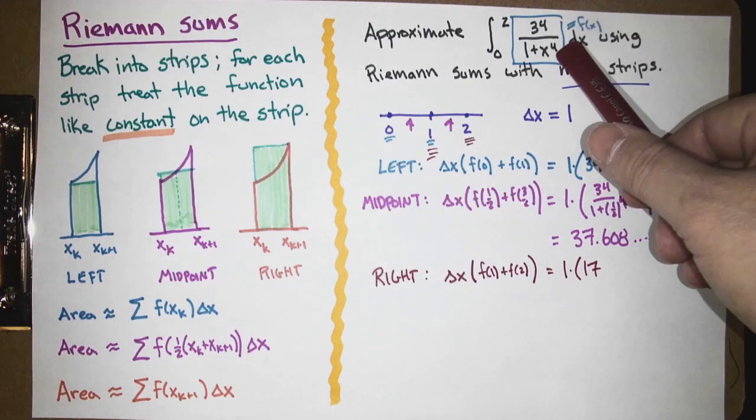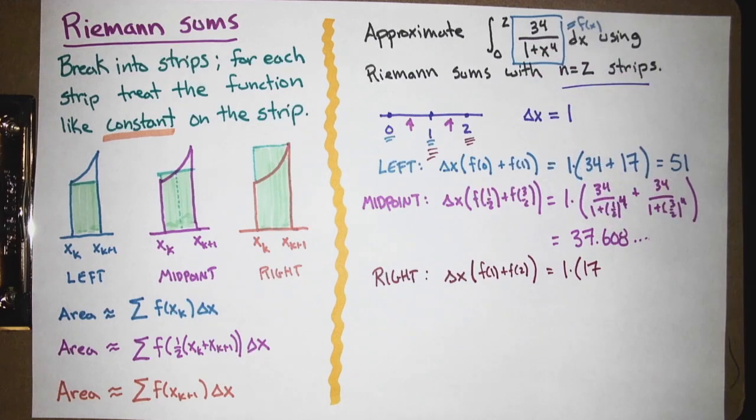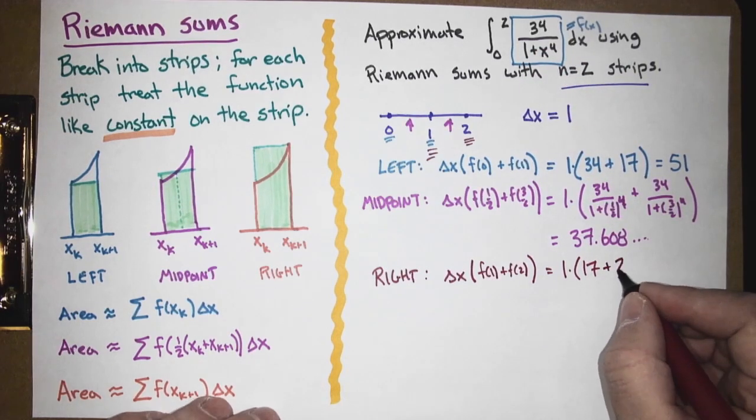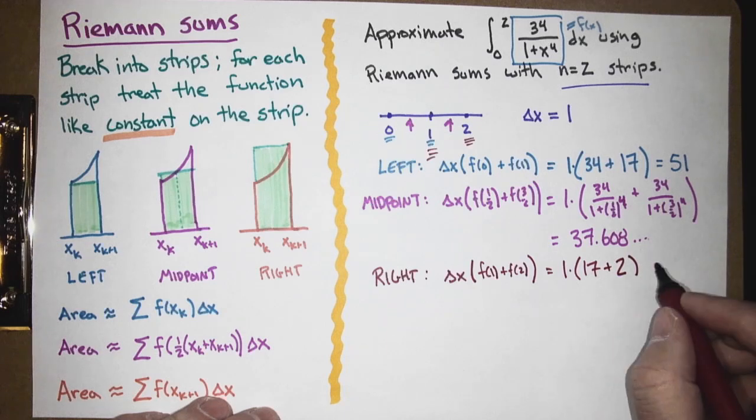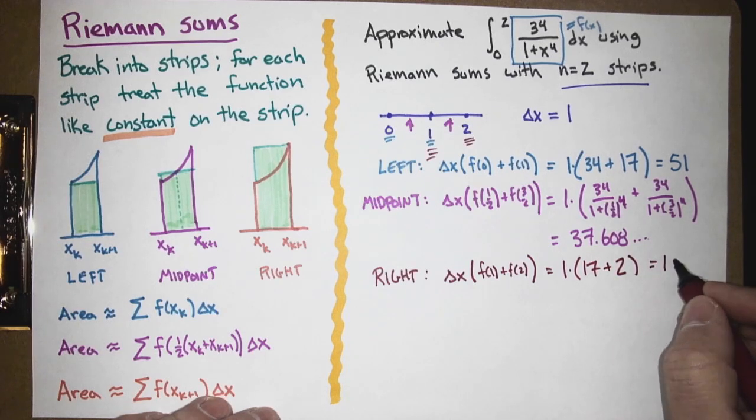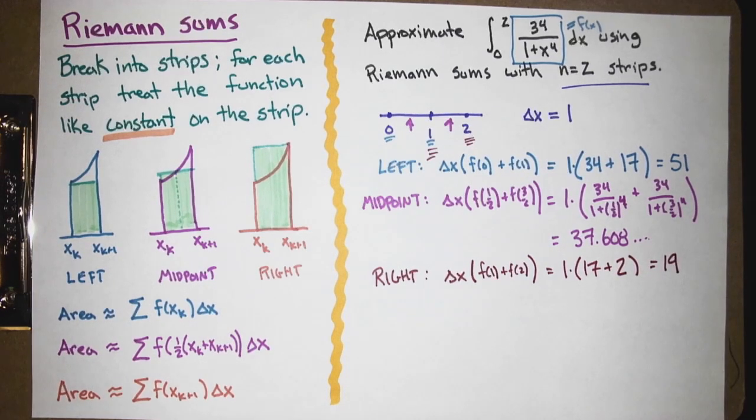You'll end up with 34. 2 to the 4th is 16 plus 1 is 17. And 34 over 17 is 2. So 1 times 17 plus 2, which is 19. All right, so there are 3 different estimates: 51, 37.6, and 19. They're not particularly close right now, but that's okay. We'll live with that.